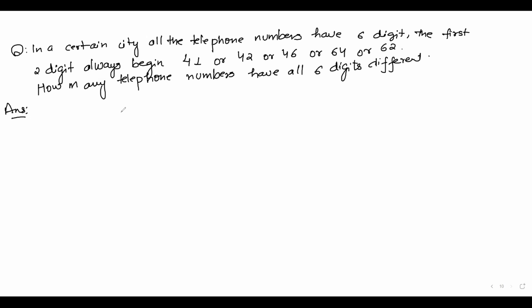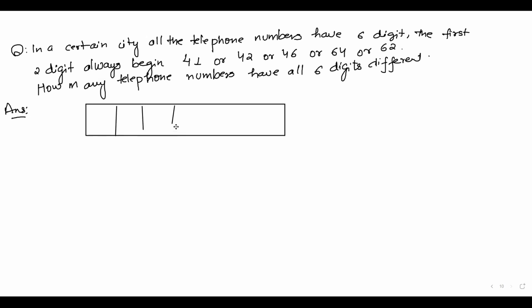Okay, so first of all, we will make a 6 digit number, with places 1, 2, 3, 4, and 5. Now, this will begin with 41, 42, 46, 64, or 62.